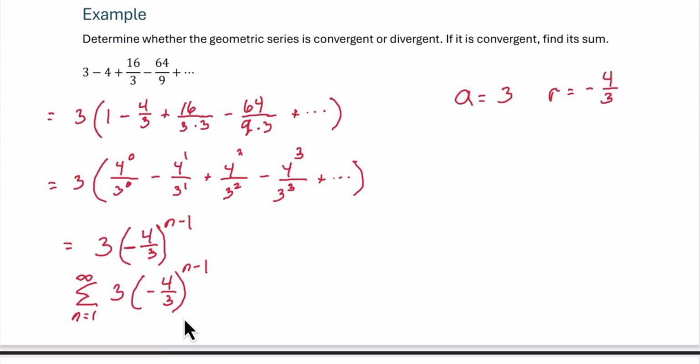But remember, in order for a geometric series to converge, r has to be a fraction between negative 1 and 1. Negative 4/3 is outside this interval. That means this series diverges.